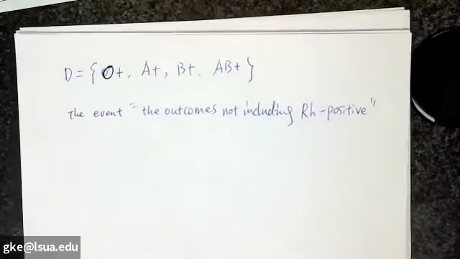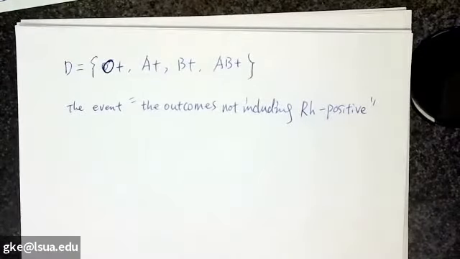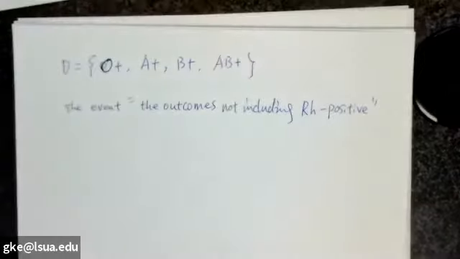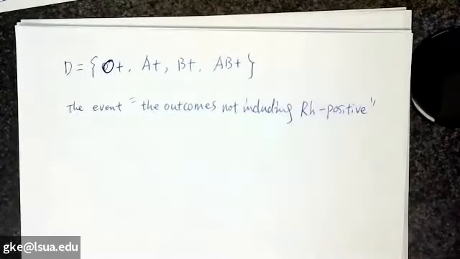Okay, now write down this one for me. The event with outcomes not including RH positive. Not including, okay?